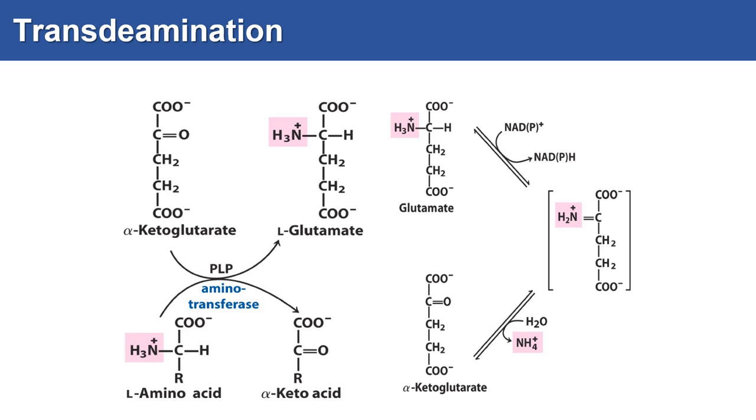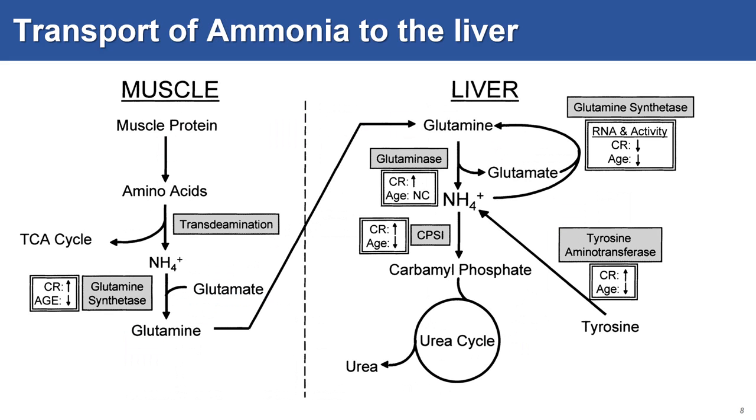There are two mechanisms available for the transport of the ammonia group, the nitrogen group, from the peripheral cells to the liver. The first uses glutamine, and you can see glutamine is the product that comes out of the muscle cells. So muscle has amino acids. There's a transdeamination reaction.